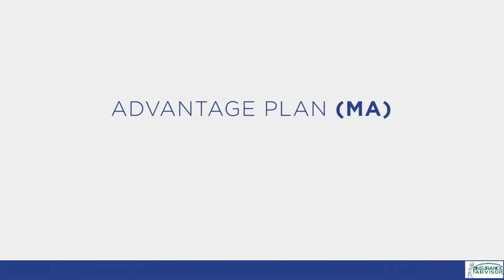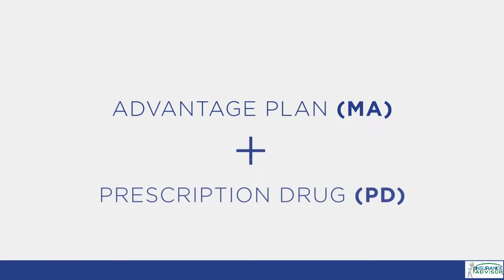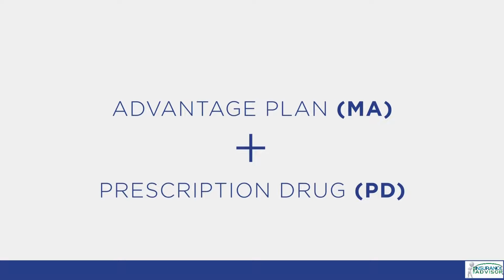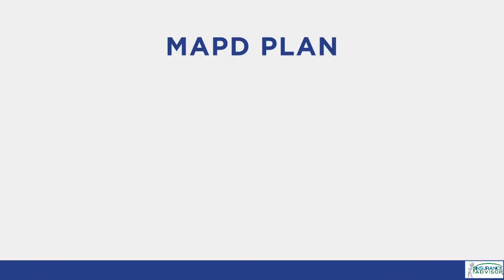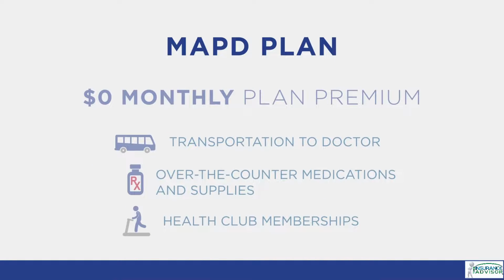A Medicare Advantage plan, MA, with prescription drug, PD, coverage is also known as MAPD. MAPD plans give you everything a Medicare Part C plan provides, with the added advantage of prescription drug coverage. Like standalone Part C plans, many MAPD plans have a $0 monthly plan premium.